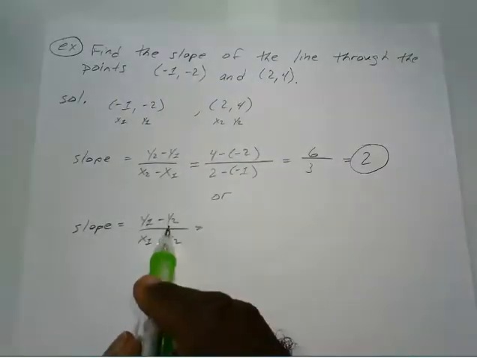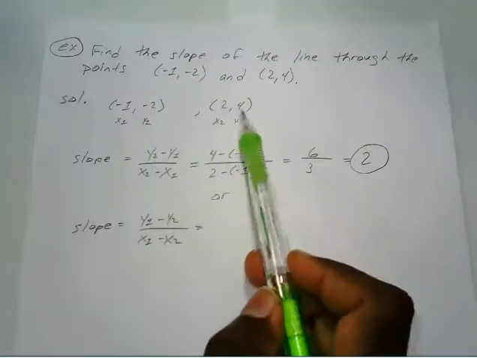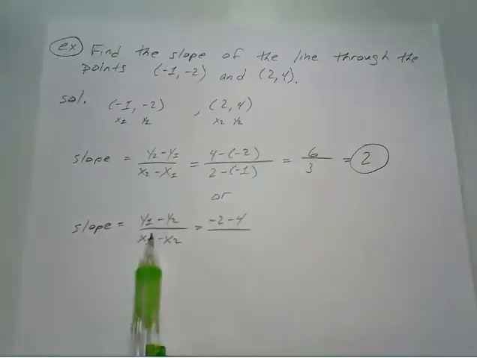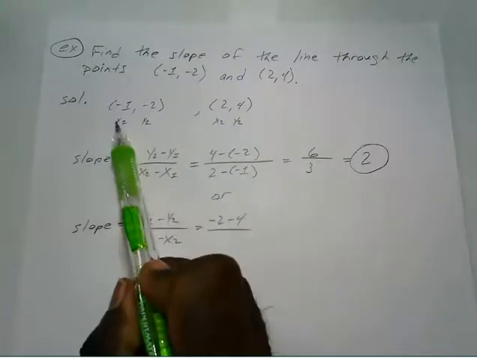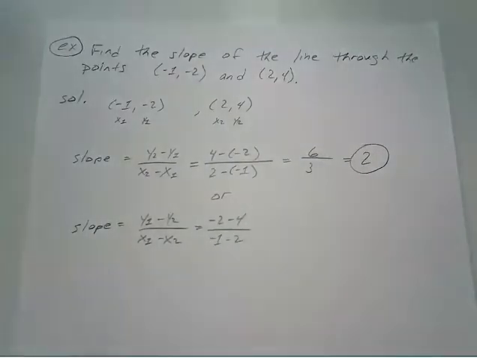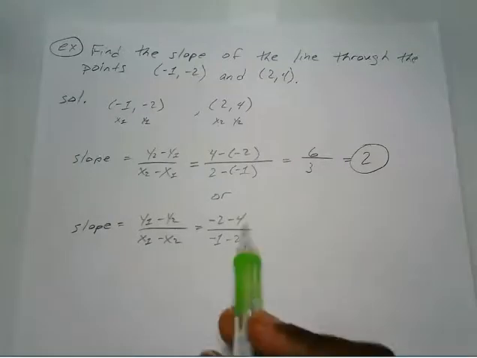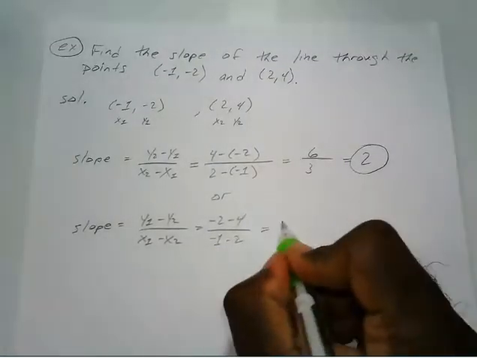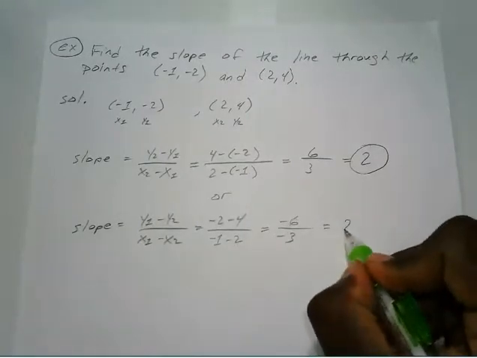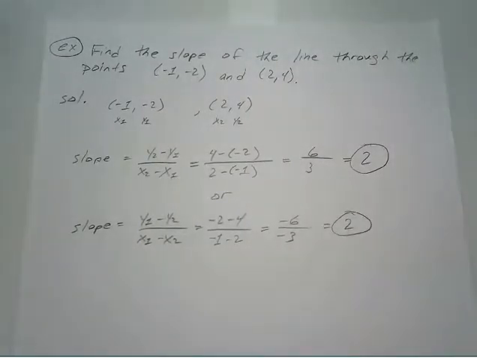So y1 minus y2 is -2 minus 4 over x1 minus x2, -1 minus 2. Okay, so -2 minus 4, that's going to give us -6. And -1 minus 2 is going to give us -3. Negative divided by negative is positive, so you end up with +2.